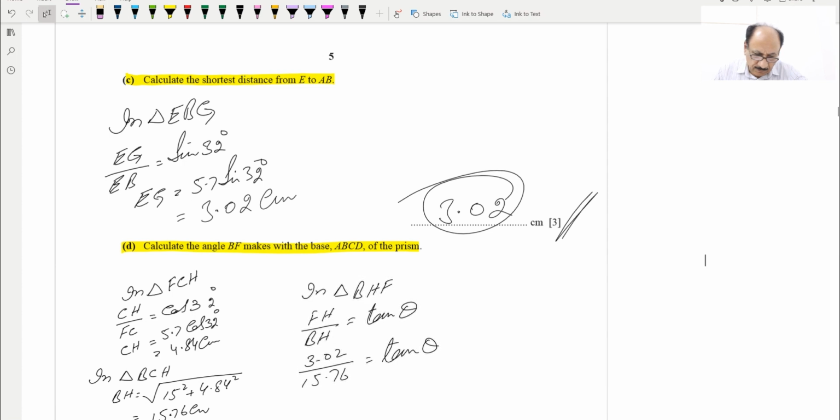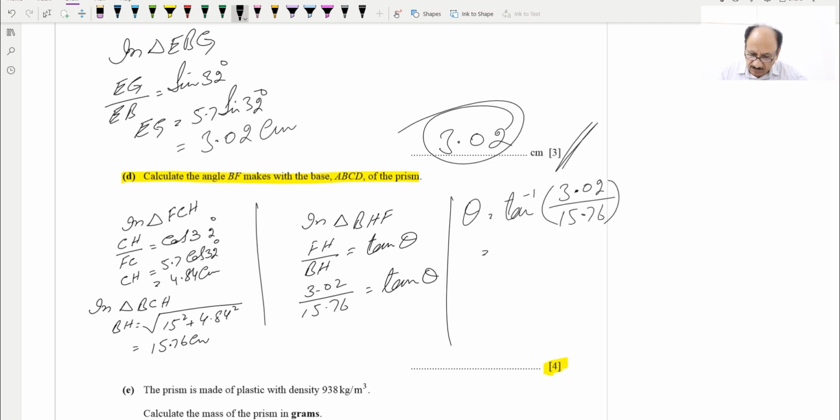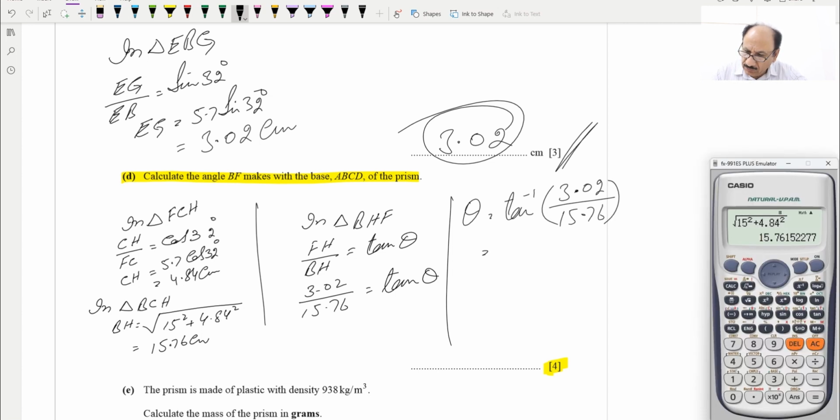So now we can find theta. Theta is equal to tan inverse of 3.02 over 15.76, and this will be the calculation.